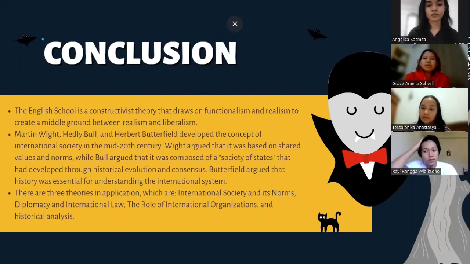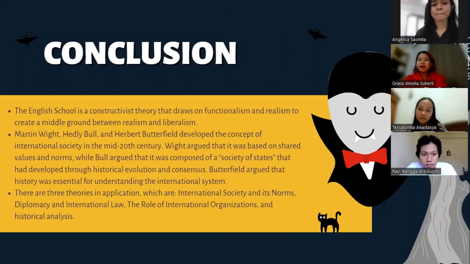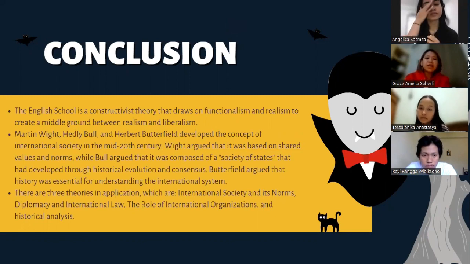So, a short conclusion of what I have gathered from all our explanation is that the English school is a constructivist theory that draws on factionalism and realism to create a middle ground between realism and liberalism. And for the origin, Martin Wight, Hedley Bull, and Herbert Butterfield developed a concept of international society in the mid-20th century.